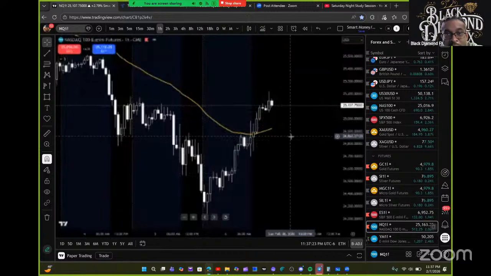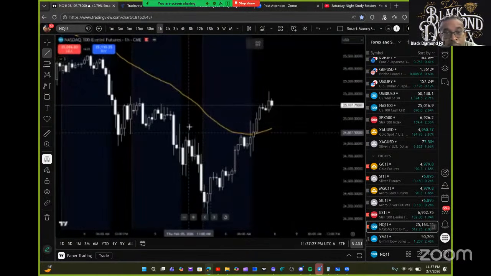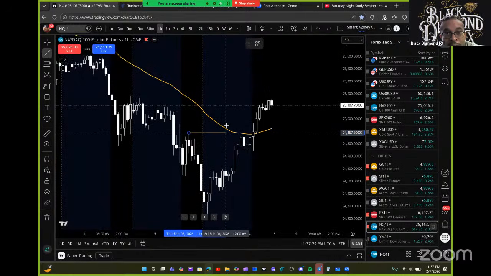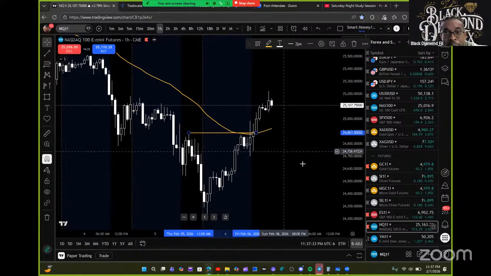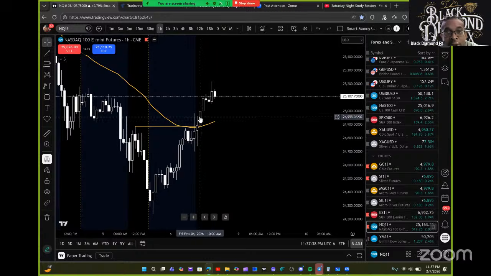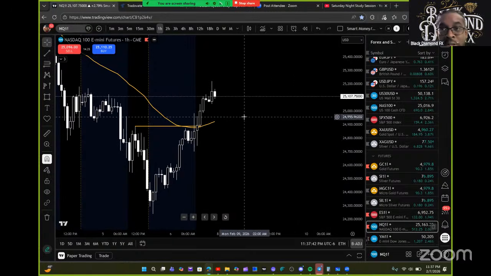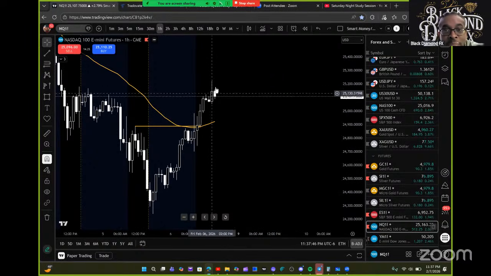I would say the indication would be here, where that change of character occurred right there on the one. All right. So if this is our range, once again, just like what we just looked at on US 30, our range might not be done yet.